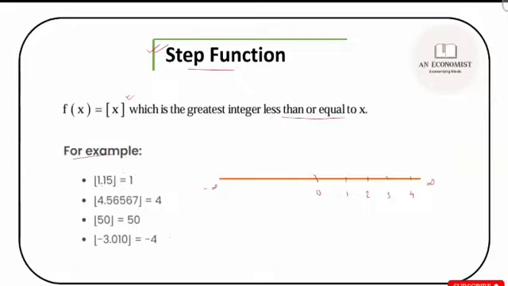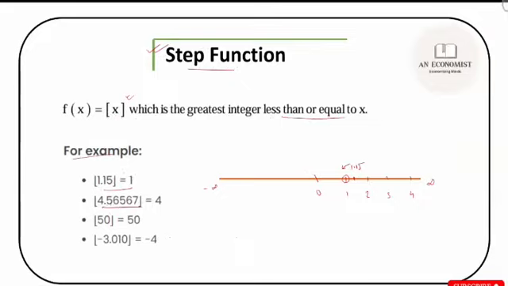Now where will we find 1.15? 1.15 will be somewhere here, right? So whatever value is given to you, just find what is the integer value on the left hand side of that number. It is 1, so the box value of 1.15 will be 1, right? Just find the left integer value.